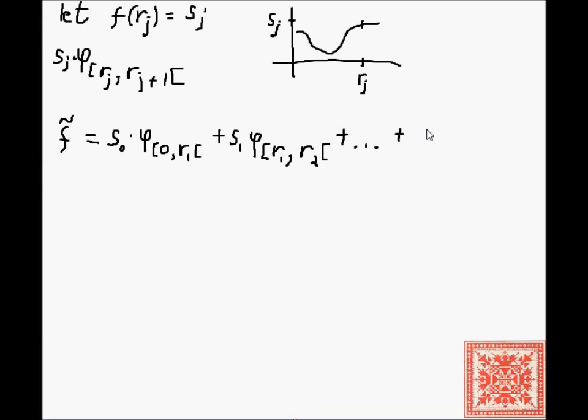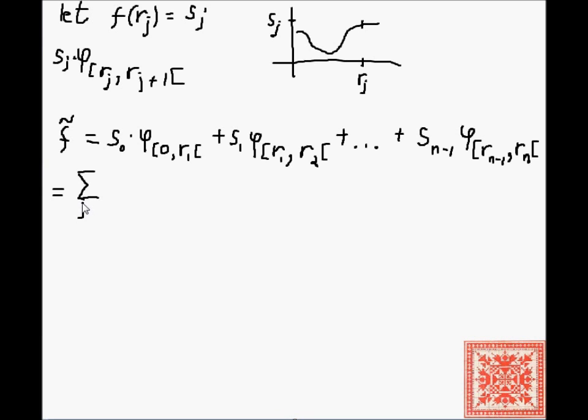Okay, so then the second value, sample value s sub 1, if we are beginning to count from 0, times our second unit step function, and all the way up to sample value s sub n minus 1 times our unit step function on the interval from r sub n minus 1 included to r sub n excluded.